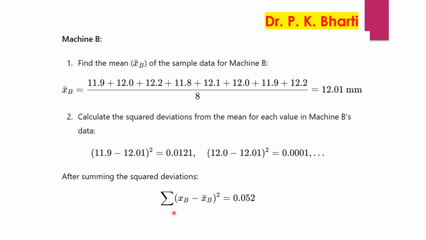We can also calculate the value of summation xb minus xb bar whole square by column method, in which we will put all the sample values in one column, then we will calculate mean, then we will create a column of xb minus xb bar, then we will create a column of xb minus xb bar whole square, and by summing all the values.